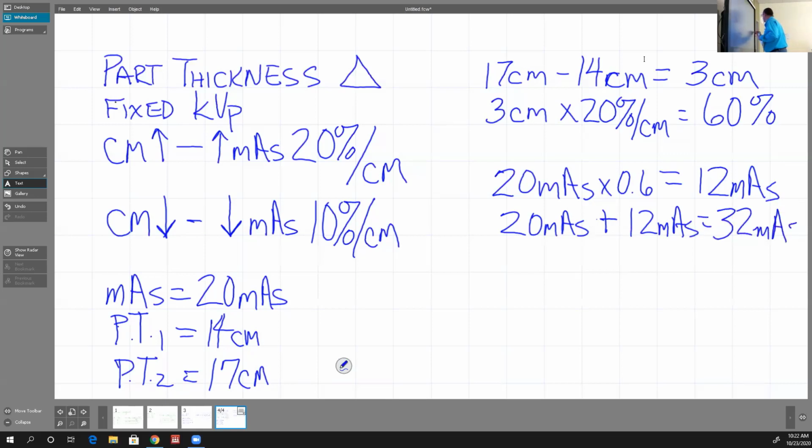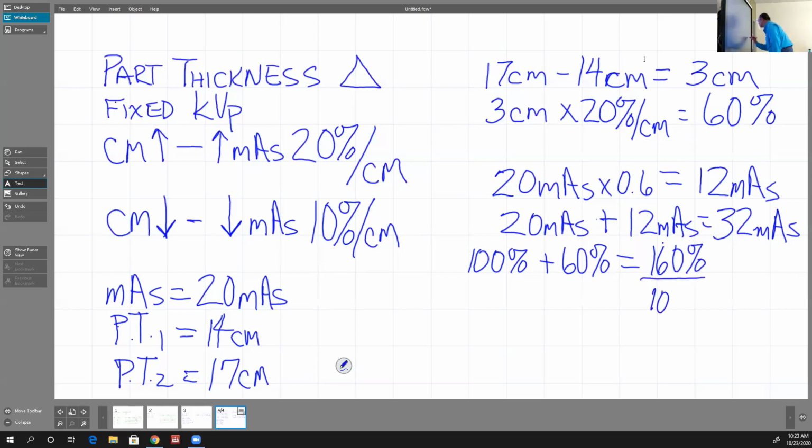Math savvy, you can skip a step and do multiply 20 by 1.6. That's right where I'm going. Yeah. So it's Orville, right? Okay. What he's saying is if we take 100% plus 60% equals 160% divided by 100 equals 1.6.